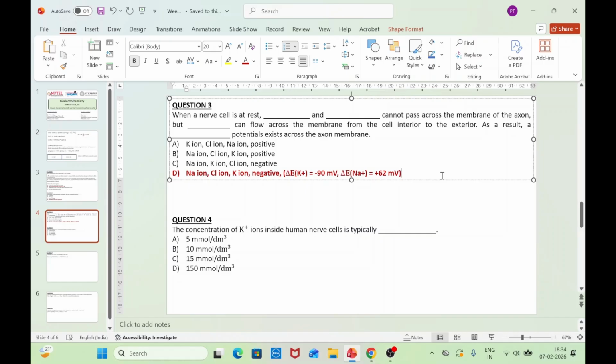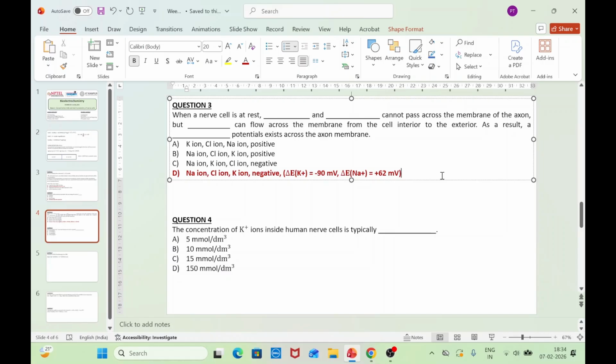Is it that the membrane totally does not allow the diffusion of the Na plus ions, or is it that the nerve cell is at rest, due to which Na plus ions cannot diffuse from the interior of the axon membrane to the exterior of the cell membrane?